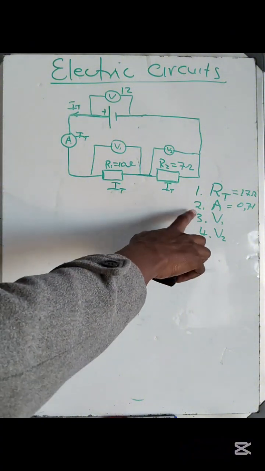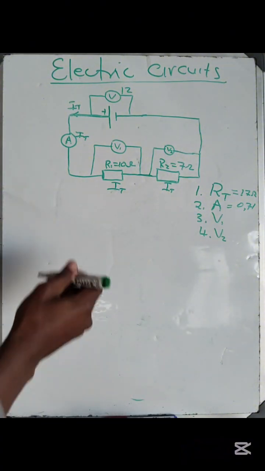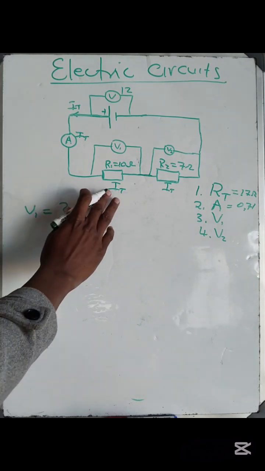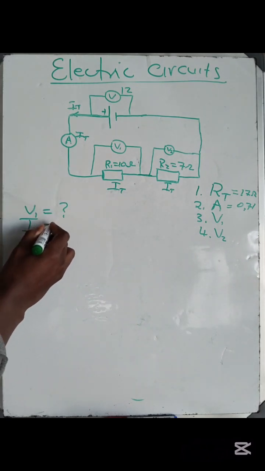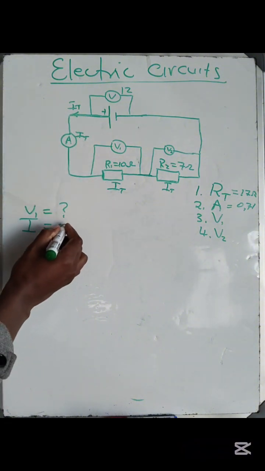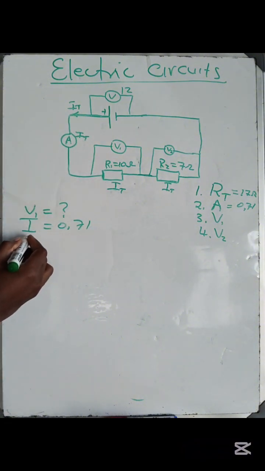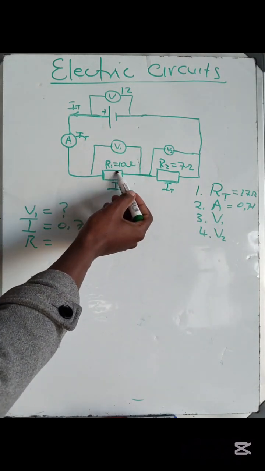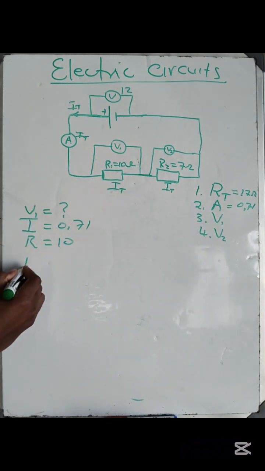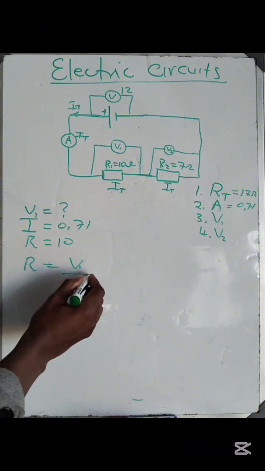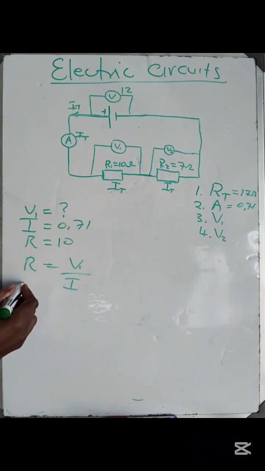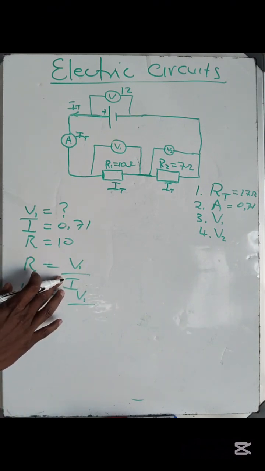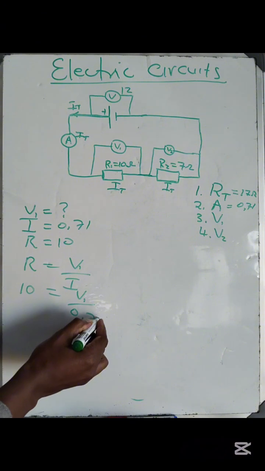Then the following question says the reading on V1. Now we're looking for V1. The current that flows there is the same throughout, which is 0.71. The resistance on R1, on V1 here, is 10. R is equal to V1 over I. So R is 10, V1 is what we're looking for, and the current is 0.71.